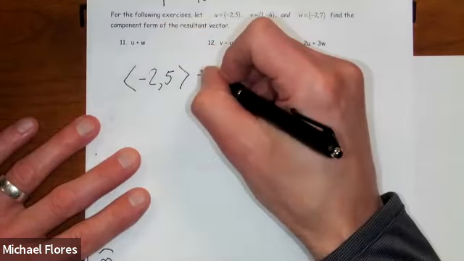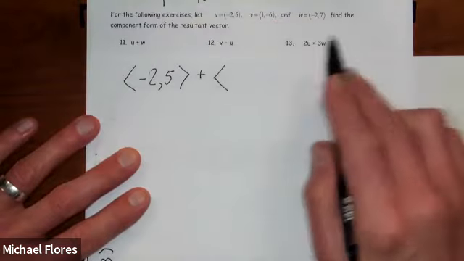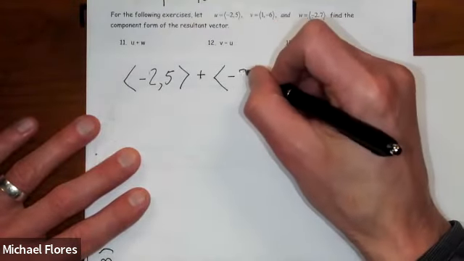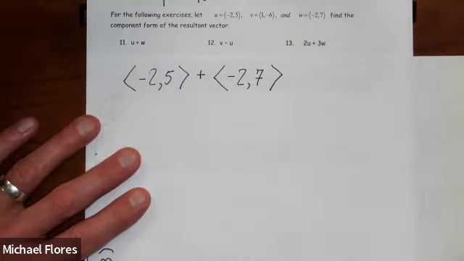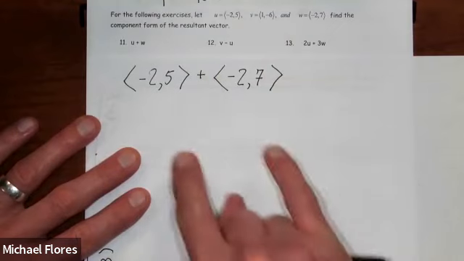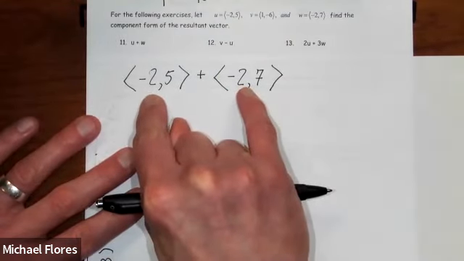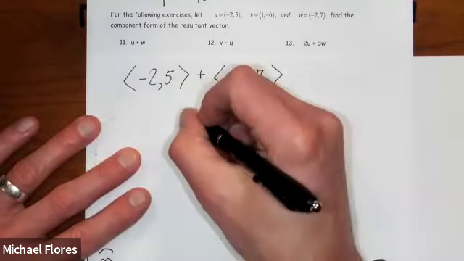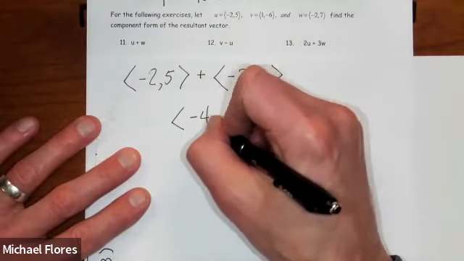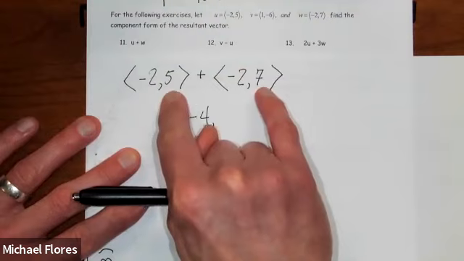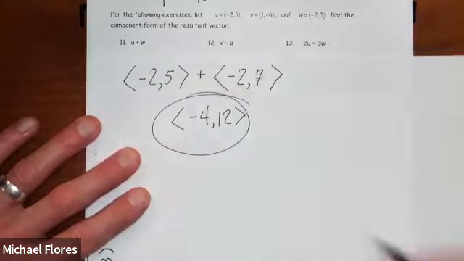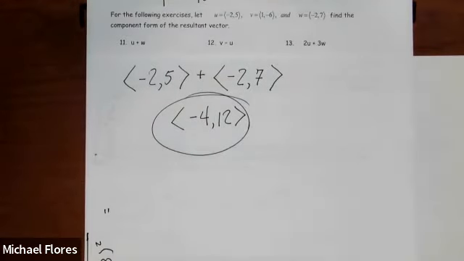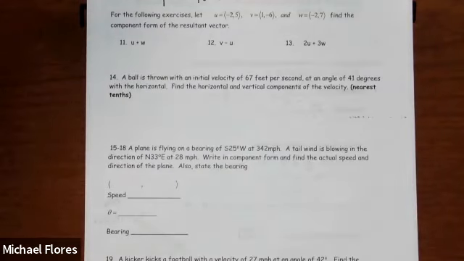And we are going to add that to the component of W, negative 2, 7. Now we want to add like terms. We have our X values here. So negative 2 plus negative 2, negative 4. And then add your Y terms together. 5 plus 7, get 12. That's your answer. That is the resultant vector for 11.